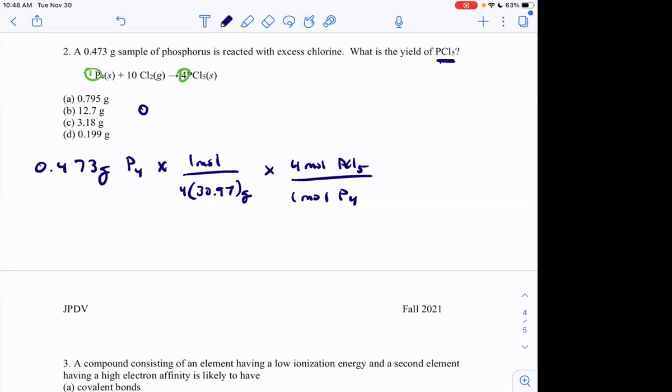And then we just need the molar mass of PCl5. So it's times 30.97 plus 5 times 35.5. That's chlorine, divided by 1 mole PCl5.